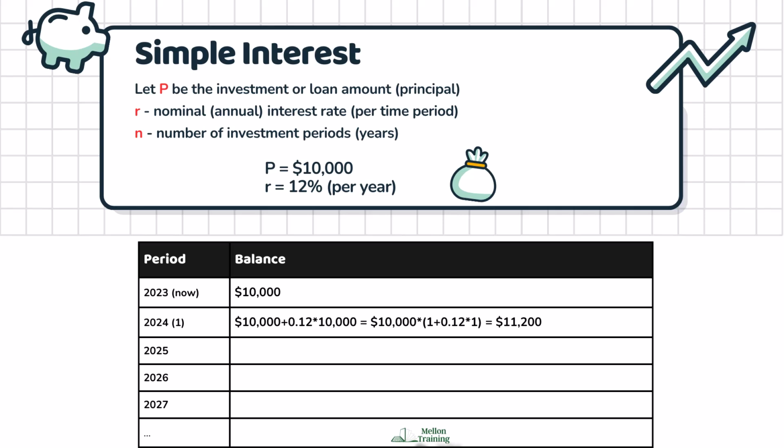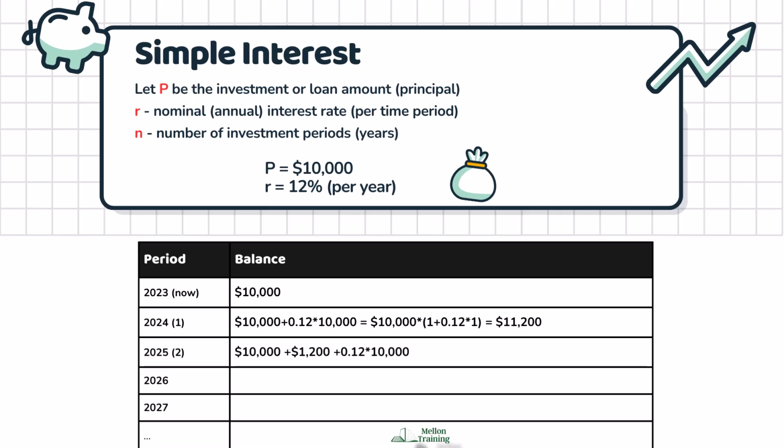This is what we have at the end of year 1. At the end of year 2, we start the account with $10,000 plus the $1,200 that we earned the year previous in interest. And then again, we add another 12% on that $10,000.